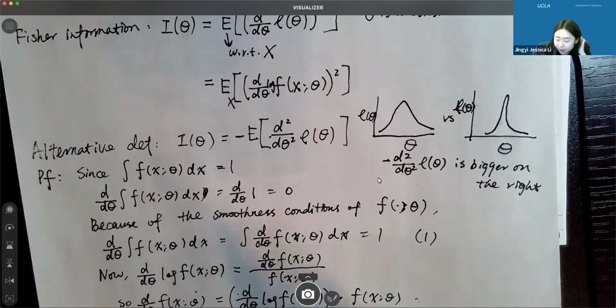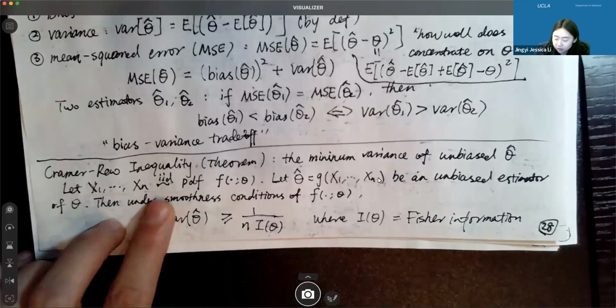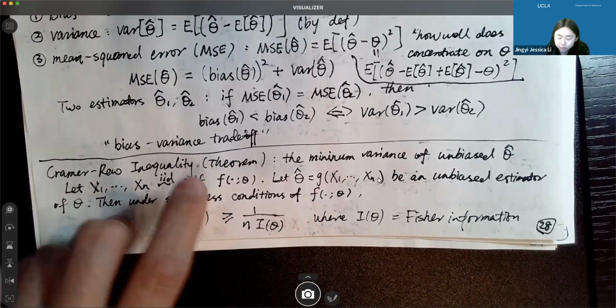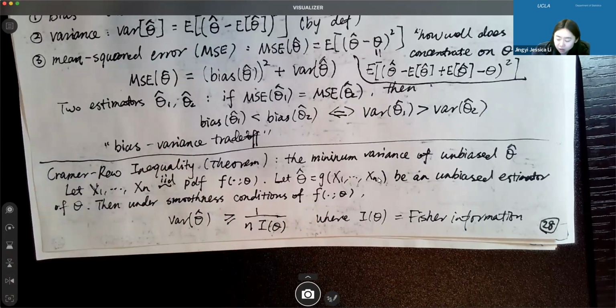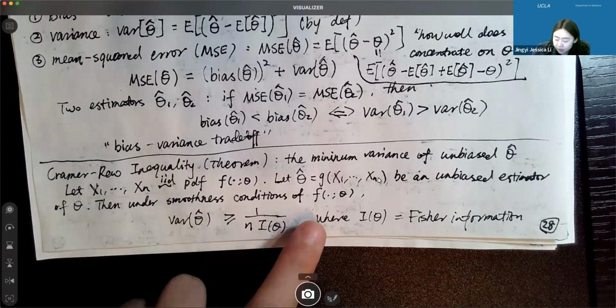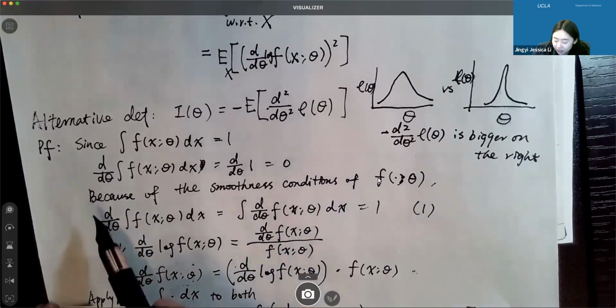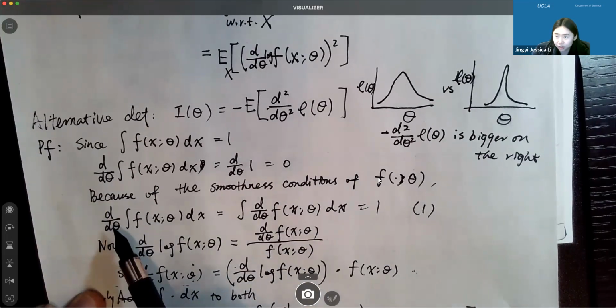The Cramer-Rao inequality, the one we try to show here, requires smoothness conditions of the density. That's essential. All the discussion we gave right now assumes f to be smooth. Smooth can be roughly thought of as something where you can easily exchange integration and differentiation, which we will do.